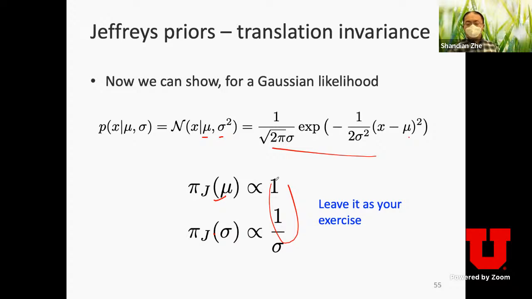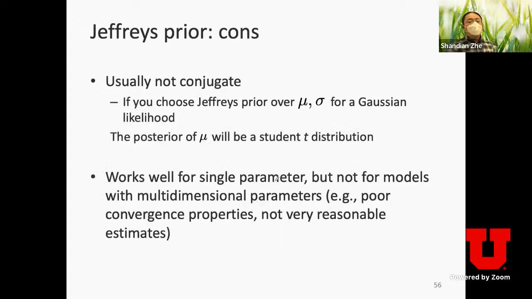Although Jeffrey's priors are very elegant and powerful, they are usually not conjugate. If you choose Jeffrey priors over mu and the standard deviation for a Gaussian likelihood, the posterior of mu will be a Student t distribution. If you're interested, you can try to derive that.